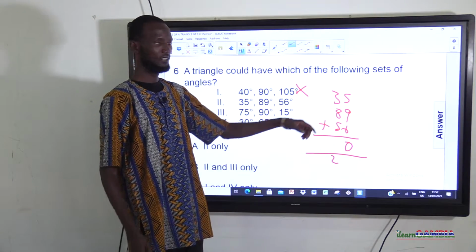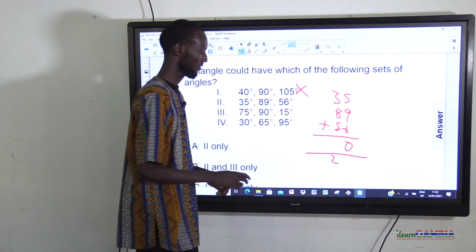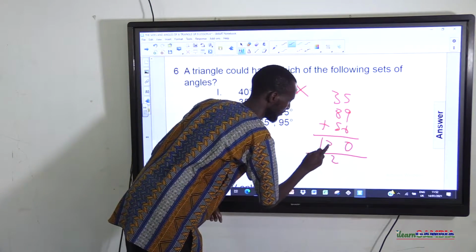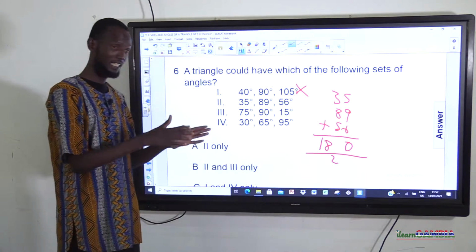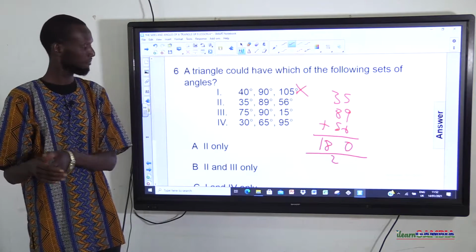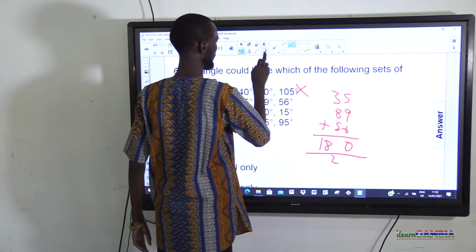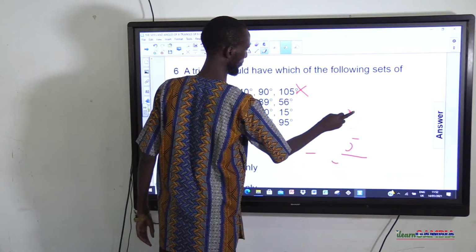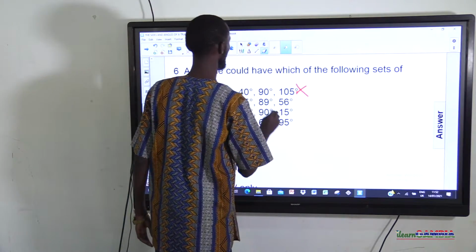And 15 plus 3, it will give us 180. Very good. So that gives us exactly 180. And that is what we're looking for, okay? So those ones, they form a triangle. So we can take this off.